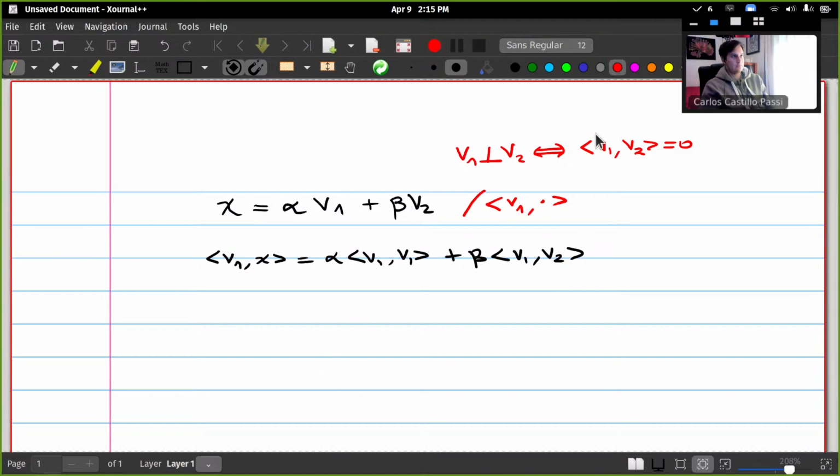By definition, this is equal to 0, right? So automatically we arrive at, I'll go one step further and say that alpha equals the inner product between v1 and x, divided by the inner product of v1 with itself.